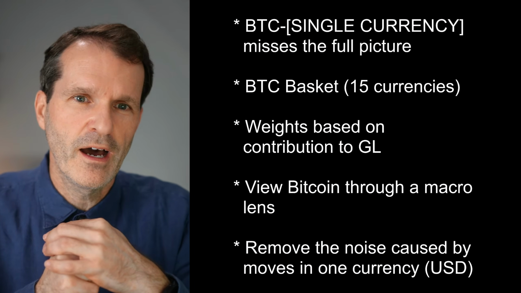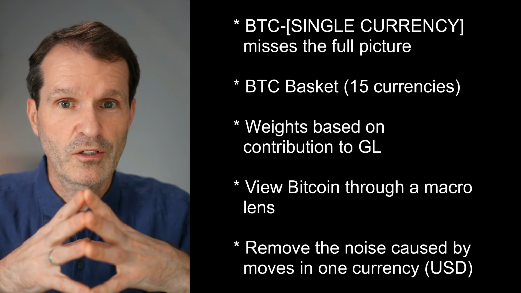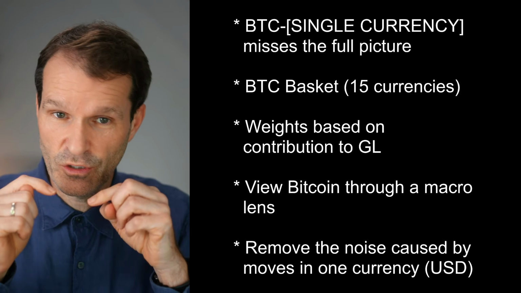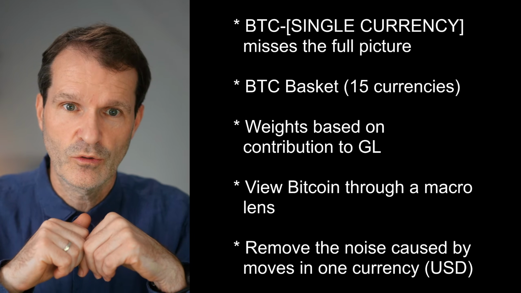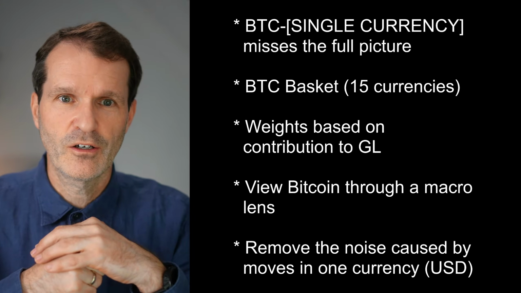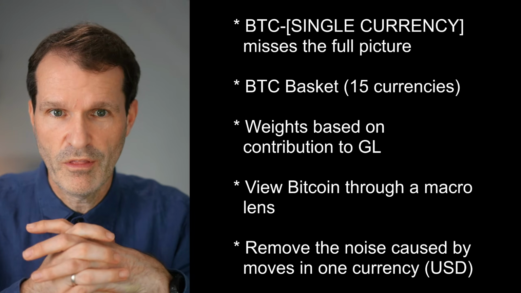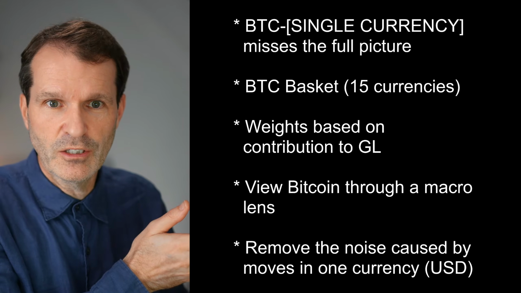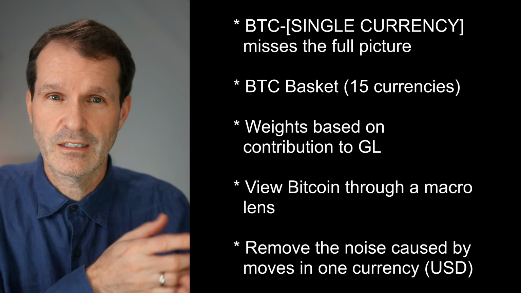And maybe just to end the session, keep in mind, Bitcoin with a single currency does not give you the full picture in terms of Bitcoin is today a global asset. Yeah, so you should see it more in a global valuation, where a Bitcoin basket offers you a more broader view on the valuation. That's why S&P and the other main companies will also come up with this kind of index.